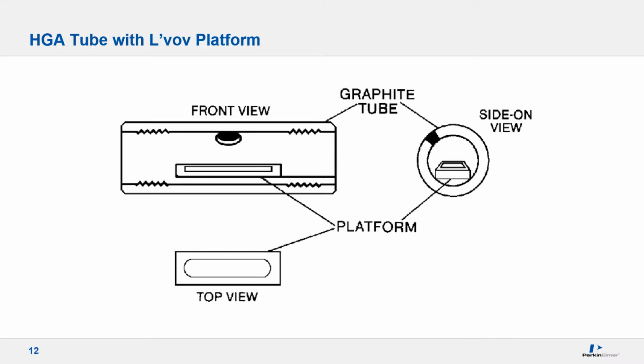Since the fit was not consistent and some platforms fit tighter than others, we were able to determine this effect created a wider range of characteristic mass values when analyzing the more volatile elements that require a lower atomization temperature, such as lead, cadmium, or silver, with a tube-to-tube comparison. This was due to the degree of direct heating between the tube and platform based on the fit and its effect on the resultant sensitivity. Based on this information, it stands to reason an opportunity to improve the design might be available.